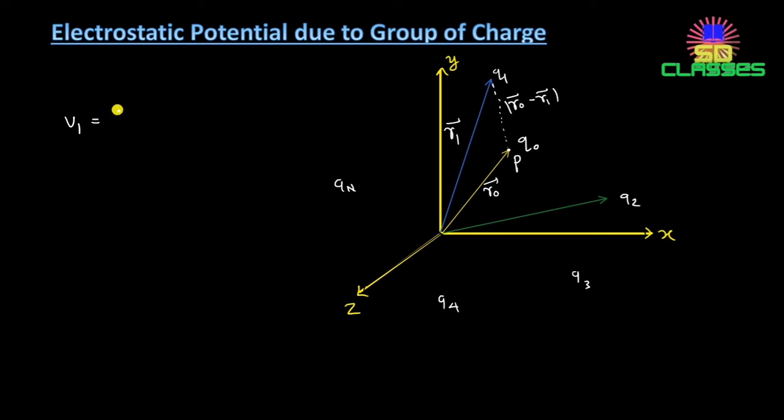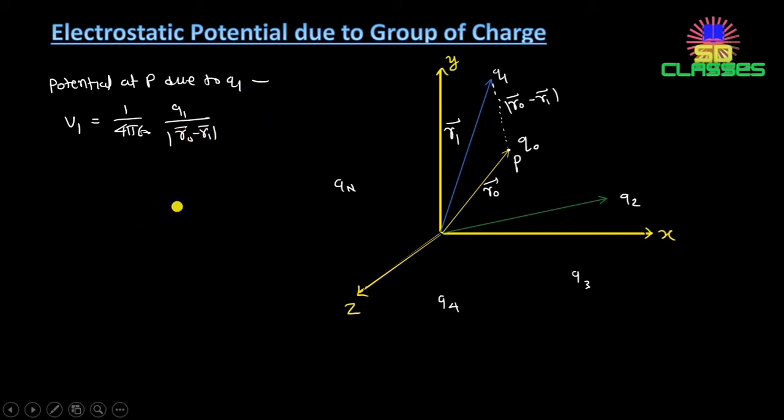The potential will be equal to V1. V1 is the potential at P due to q1. Okay, so V1 will be 1 by 4 pi epsilon naught, the charge, and the distance between them, magnitude of r0 vector minus r1 vector.